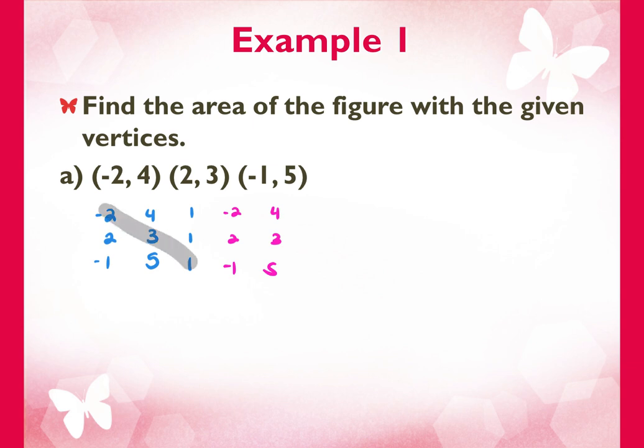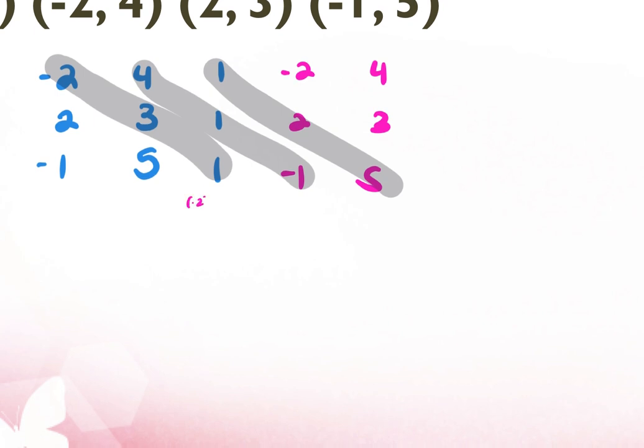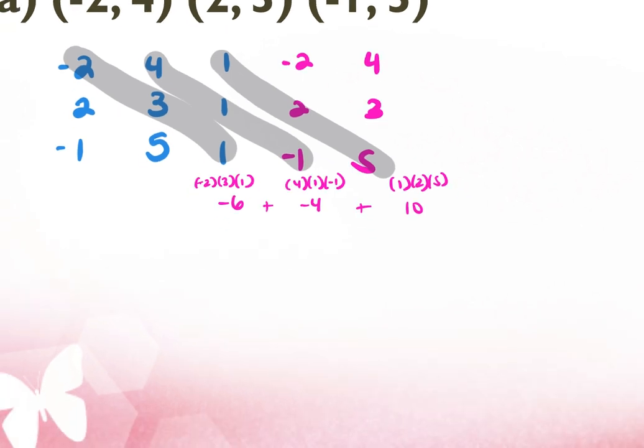We're going to multiply down these diagonals first. So negative 2 times 3 times 1, negative 6. 4 times 1 times negative 1, negative 4. 1 times 2 times 5, 10. And then we add these together. Negative 6 minus 4 is negative 10, plus 10 is actually 0.